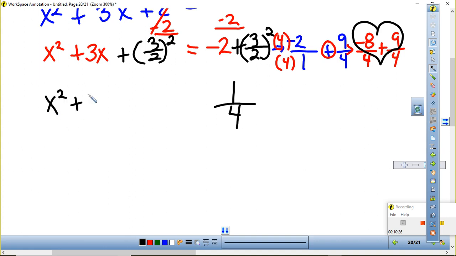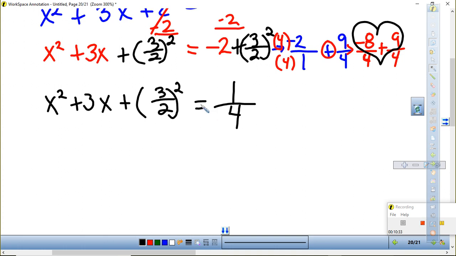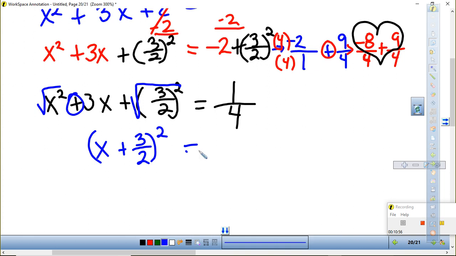X squared plus 3x plus parentheses 3 over 2 squared equal to 1/4. Now, to save a step, we're not going to do 3 squared and 2 squared, right? At this point, we're going to do the factor. Let's factor. So how do I factor? Square root of the first, x, square root of the last. That leaves me with 3 over 2, and the middle sign is plus, and that is to the second power, equal to 1/4.